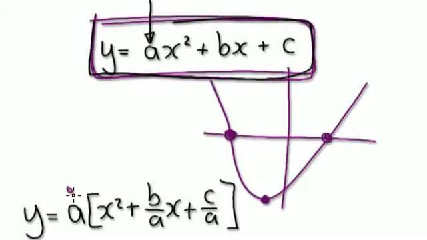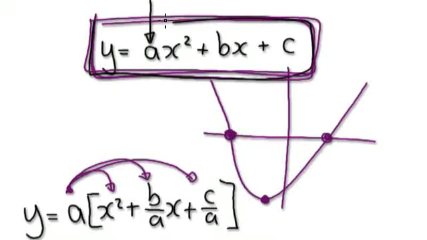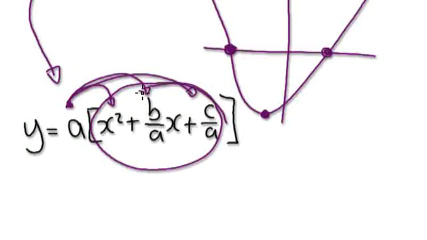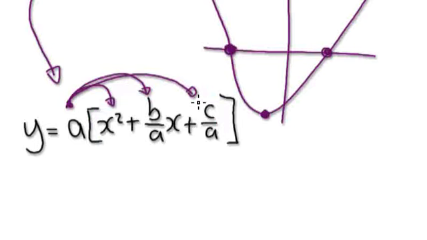You see, if you multiply the a with this, and this with this, you will get exactly what's up here. So this thing here is exactly the same as this thing down here. Now, your next step would be to concentrate on what's inside the square brackets.